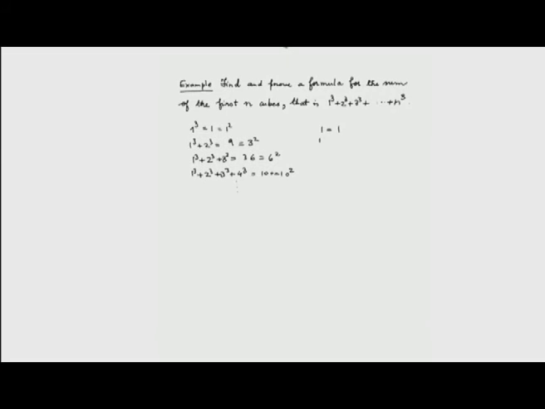Again, if we just sum up to n terms, we will see that 1 equal to 1, 1 plus 2 equal to 3, 1 plus 2 plus 3 equal to 6, 1 plus 2 plus 3 plus 4 equal to 10. Surprisingly, we see that the sum of cubes looks as if it is the square of the usual sum.